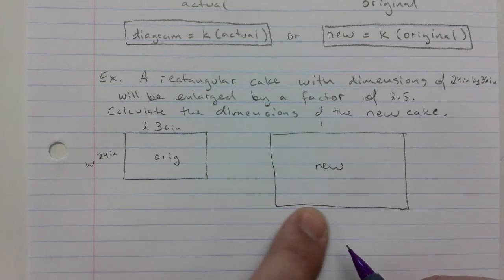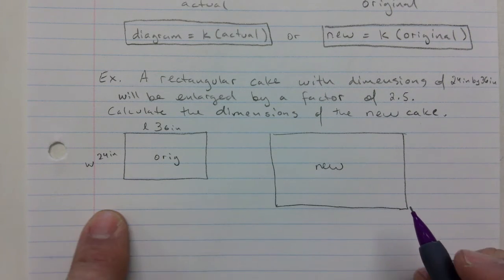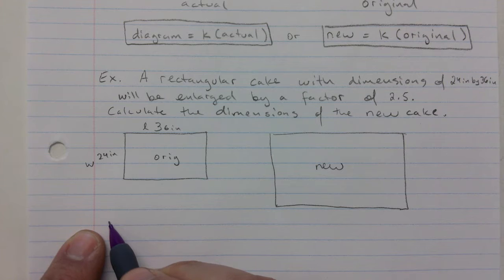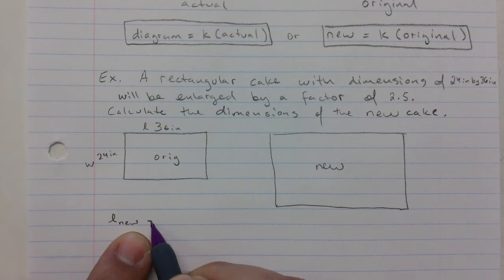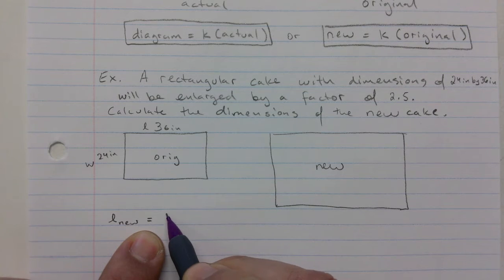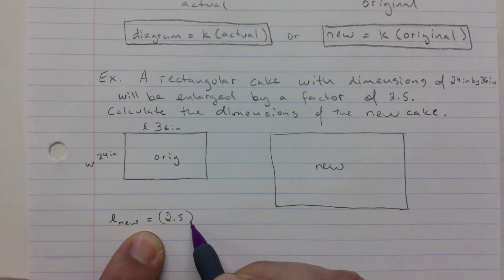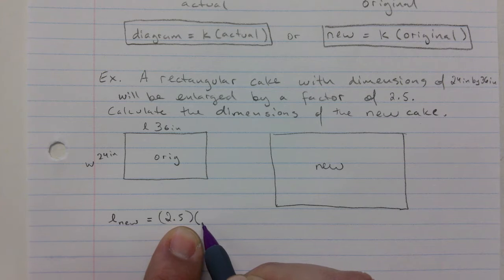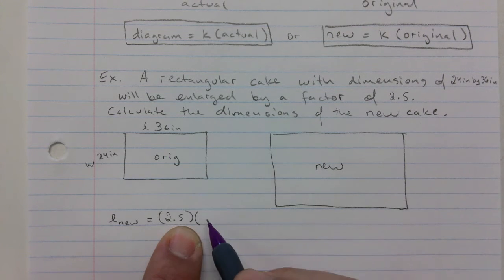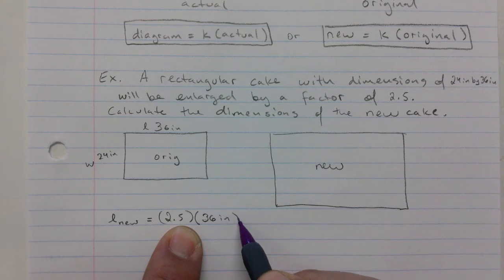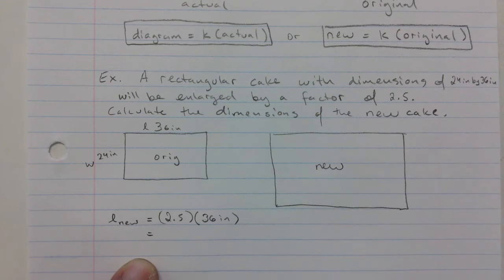And so how would you come up with the dimensions here? So this is how you would do that. The length of the new shape would be the scale factor times the length of the original. And what's the length of the original? It's 36 inches. So that's 2.5 times 36.